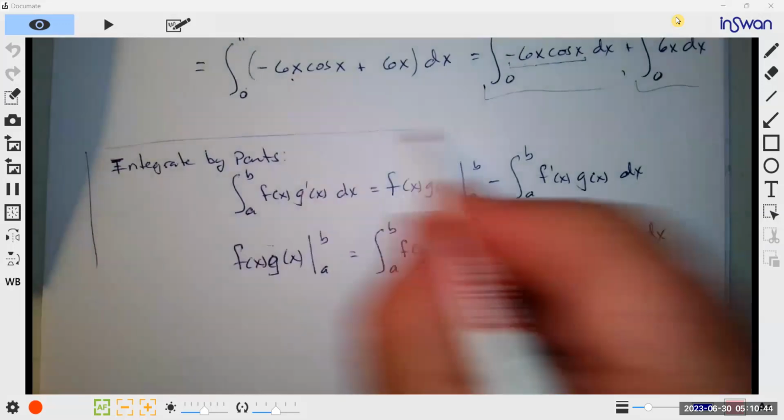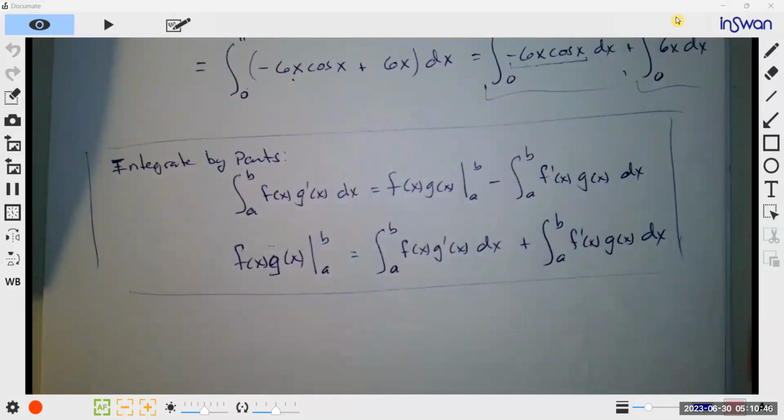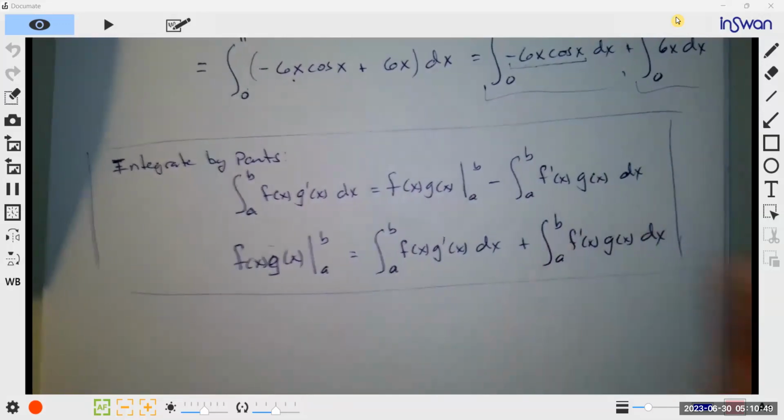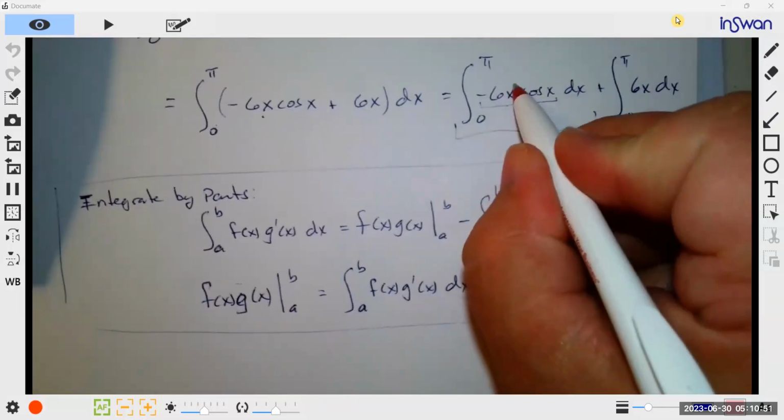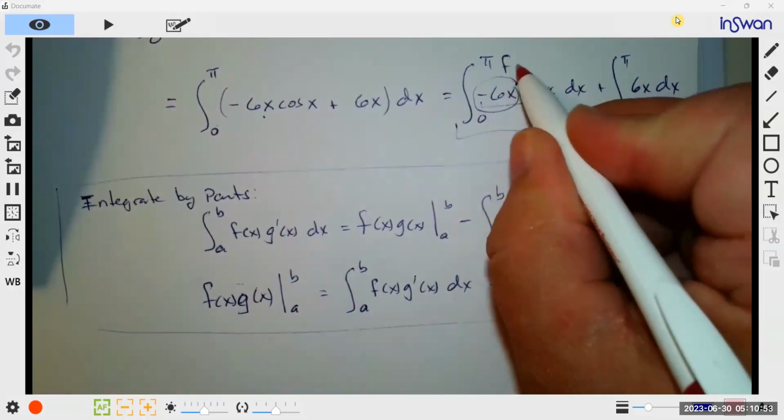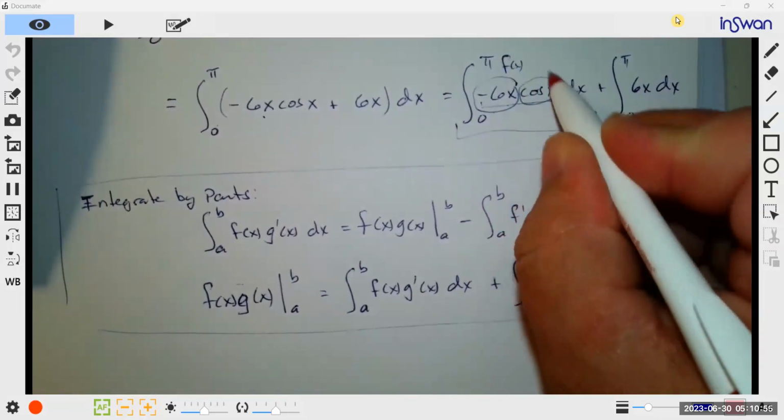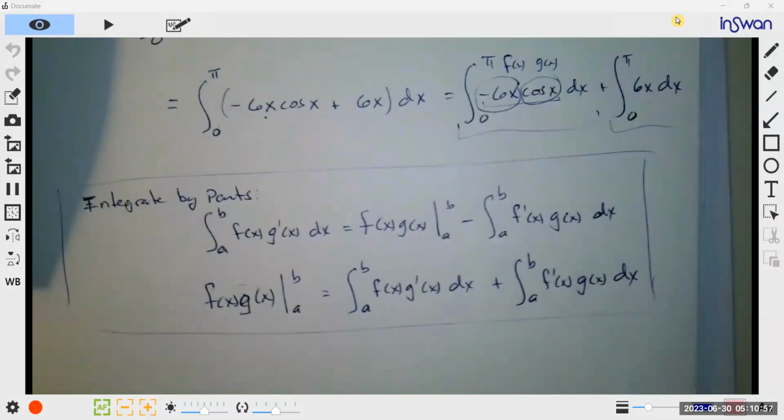All right, so that's the rule we're going to use, where in our function, the negative 6x is our f of x, and the cosine of x is our g of x.